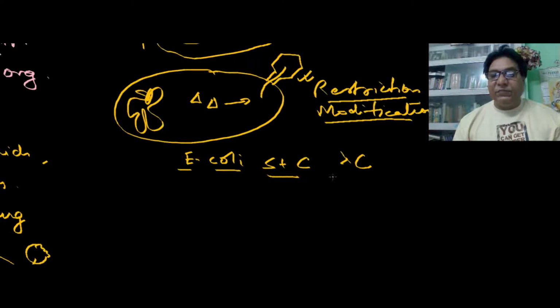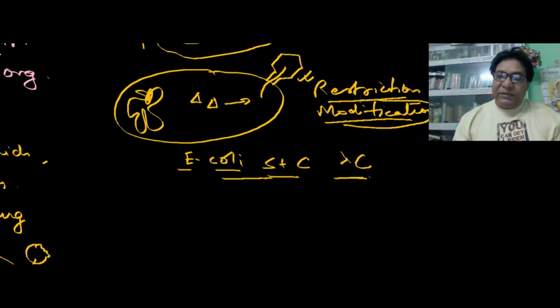It is the host cell for lambda C. So the DNA of lambda C phage will not be restricted. It will go modification, or it has already gone modification in its DNA. With this same modification facility, the bacterial cell also protects its own DNA. The modification is basically methylation.